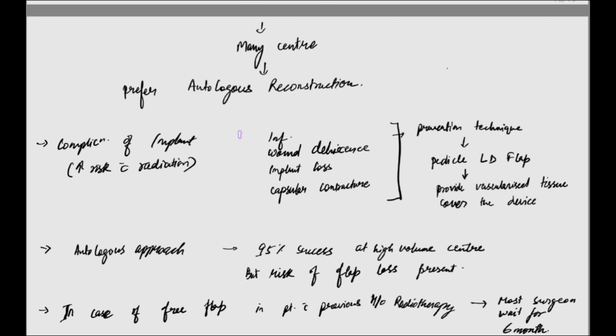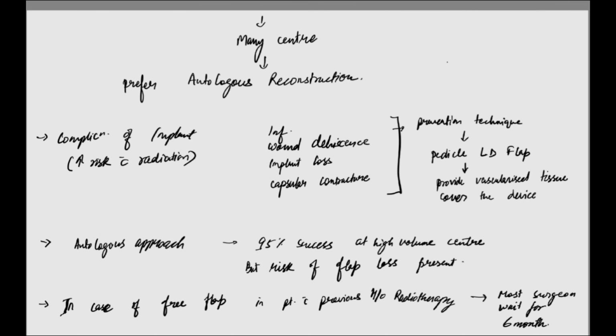For example, infection, wound adhesions, implant loss and capsular contracture. Here we can avoid all these things by making a pedicled latissimus dorsi flap. This also provides vascularized tissue cover to the device.